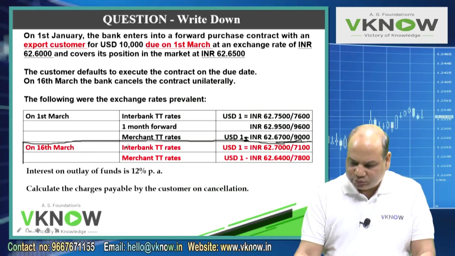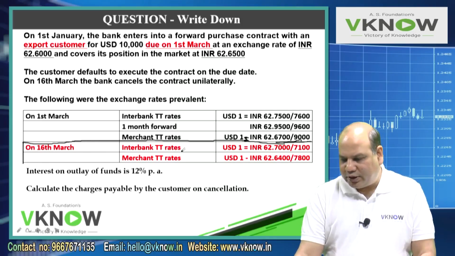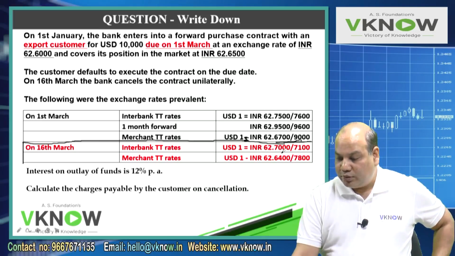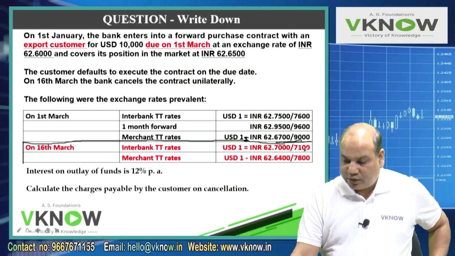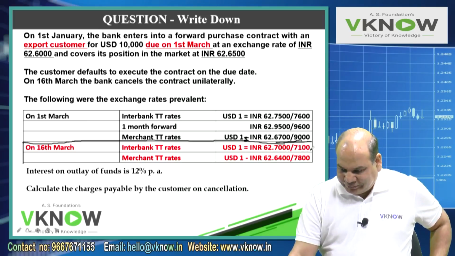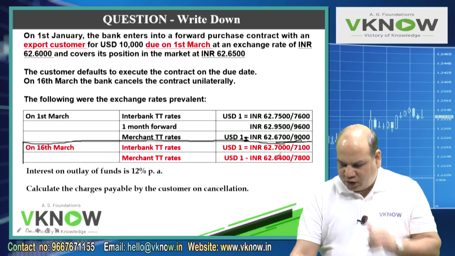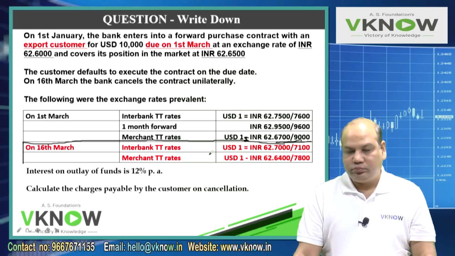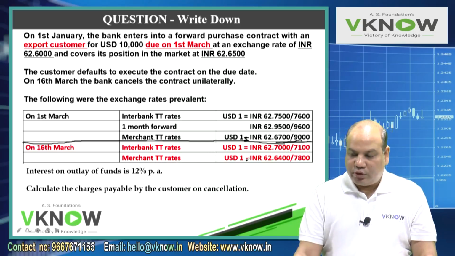On 16th March, interbank TT rates, USD 1 equal to INR 62.700, and merchant TT rates, USD 1 equal to INR 62.6400/7800.